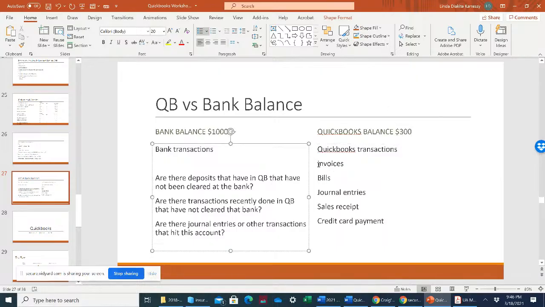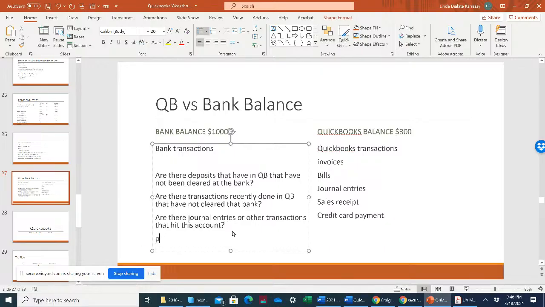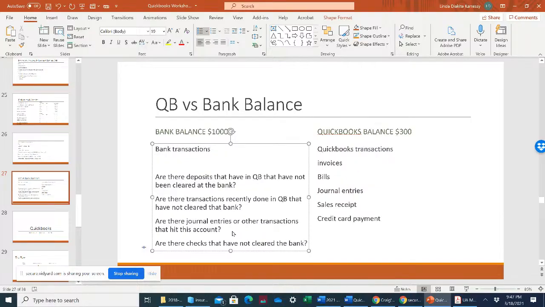In this particular situation, it could be that maybe you process checks. You could ask yourself, are there checks that have not cleared the bank? So QuickBooks is 300. The bank balance is $1,000. So the QuickBooks balance is lower.